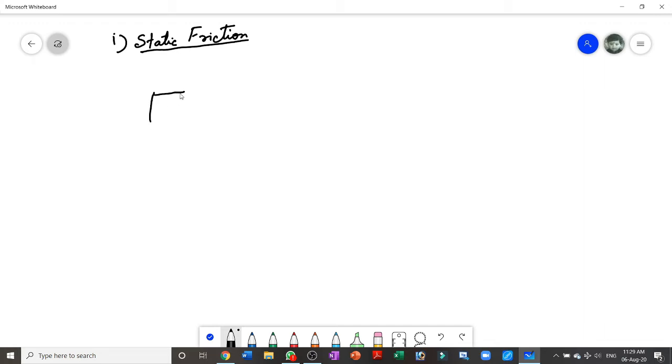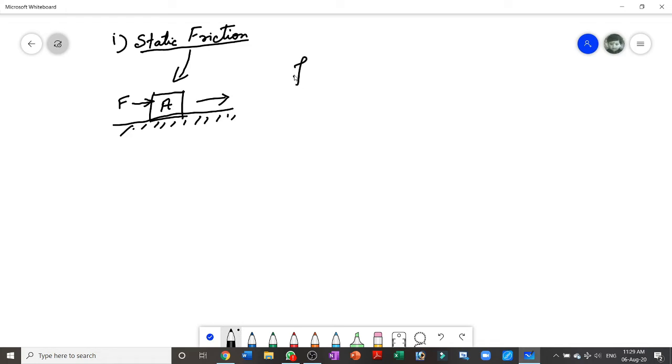I am keeping a box on earth. Let the box be named A. Both of them are at rest and they are not moving relative to each other. Now, whenever I give a push force on A and try to move it along this direction, the immediate force that comes into play is called the static friction.